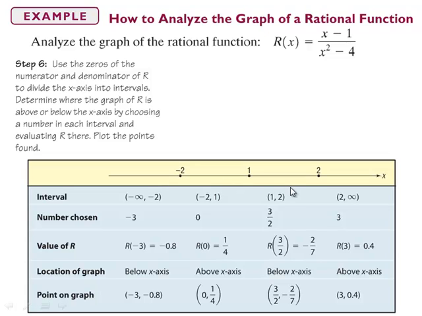We've split up the x-axis into those 4 intervals, and we will pick a convenient test point, like -3, for example, on the interval from -infinity to -2, and evaluate the function at -3.